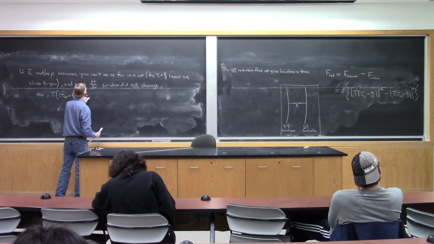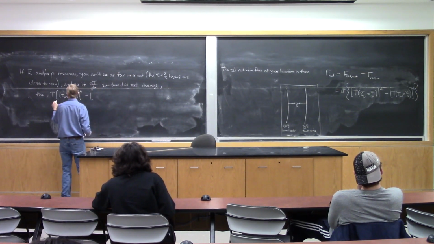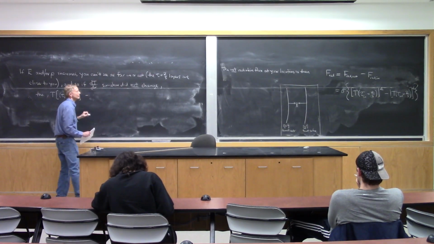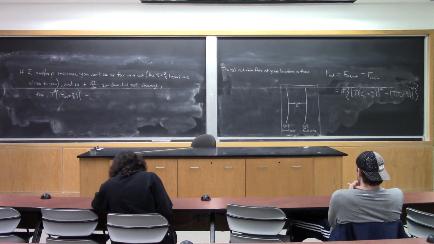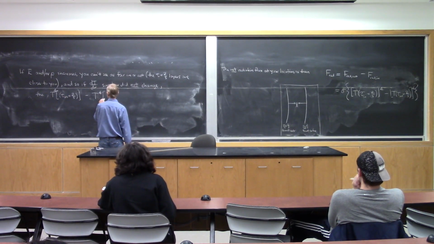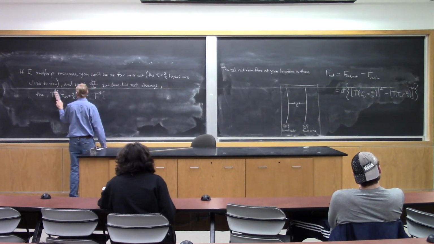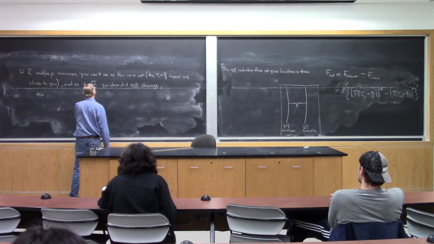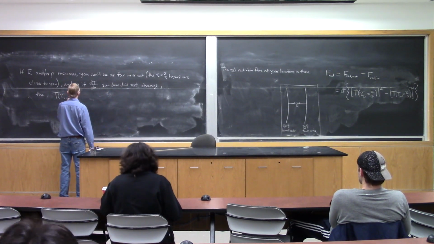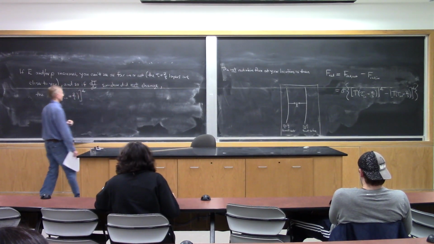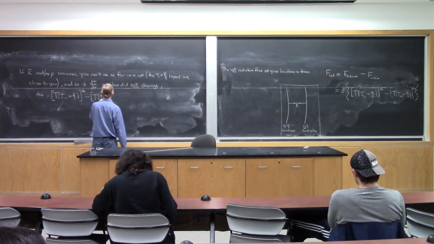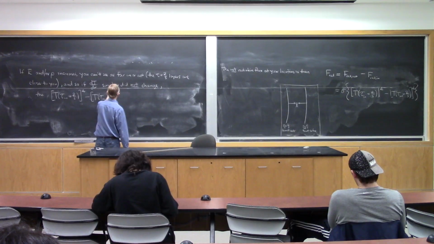Then T of tau in equals 2/3 to the 4th power, minus T of tau out equals 2/3 to the 4th power.